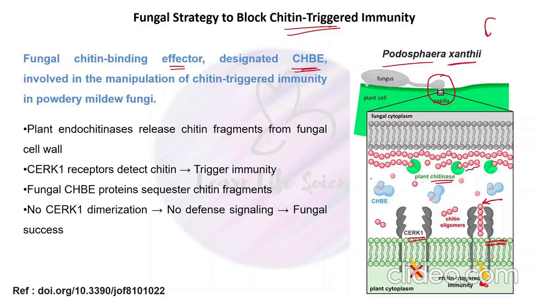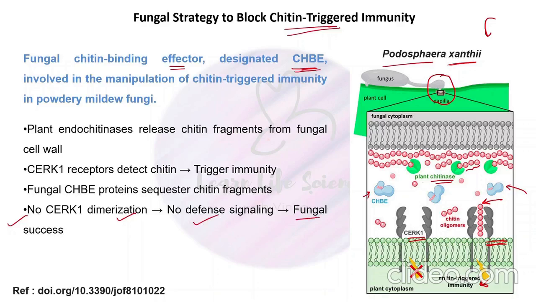These effector proteins here, present in blue, bind the small chitin fragments. Okay, what basically happens? This CHBE binds the chitin fragments so that they remain unrecognized by the plant system. Hence, there will be no dimerization of the receptor and no initiation of defense signaling.